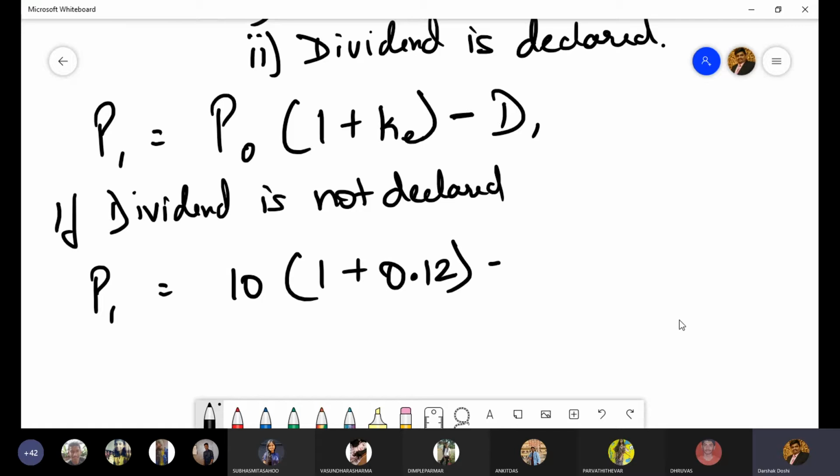So can I say dividend at the end will be 0? 10 into 1.12, can I say the answer will be, quickly tell me, easy calculation. 11.2.